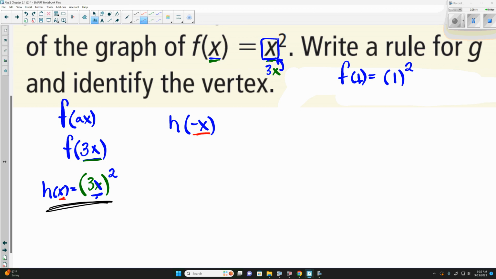Well, we have h of x is parentheses 3x close parentheses squared. And just like how we got here, we replace the x in f of x with 3x. This time we're going to replace the x in h of x with negative x. So that will give us, we still have our parentheses, we still have the 3, but the x is now what? Negative x.